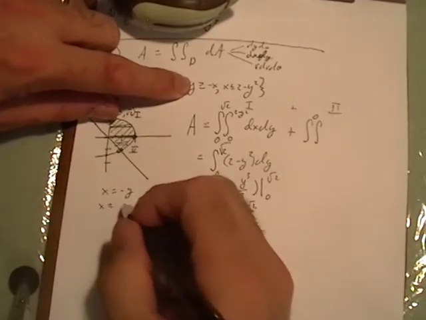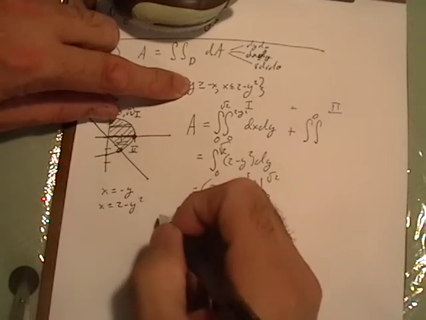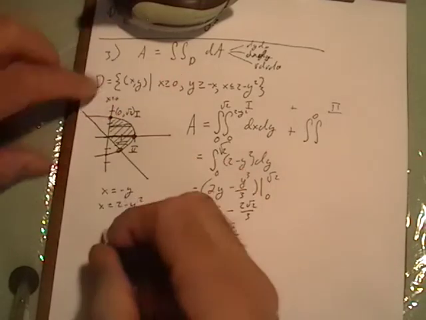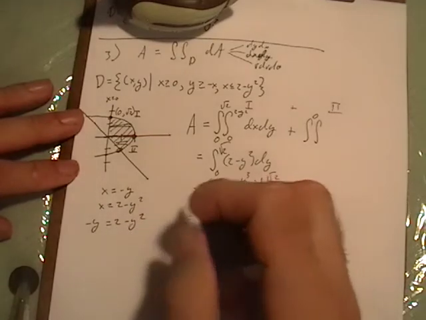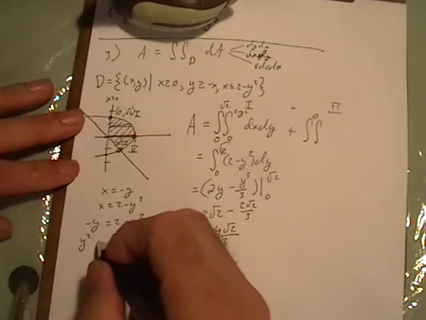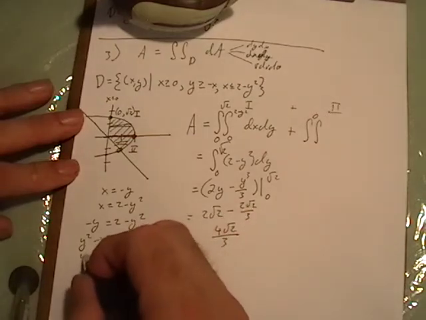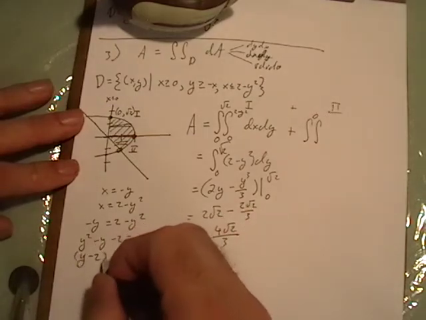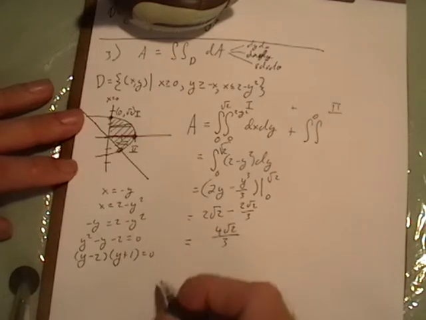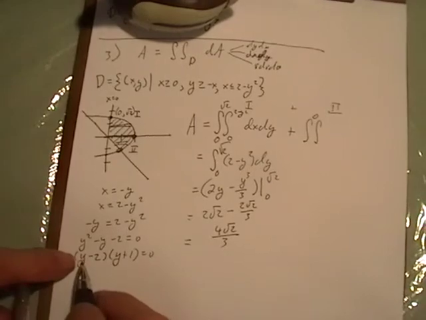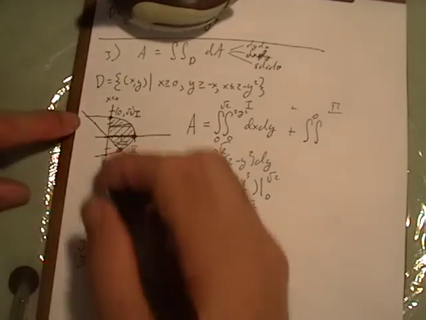Here we have the same value of x, should be 2 minus y squared. So they should meet when minus y is equal to 2 minus y squared. That happens when y squared minus y minus 2 is 0. This factors as (y minus 2) times (y plus 1). Now, in this case, y minus 2 is 0 and y is 2.